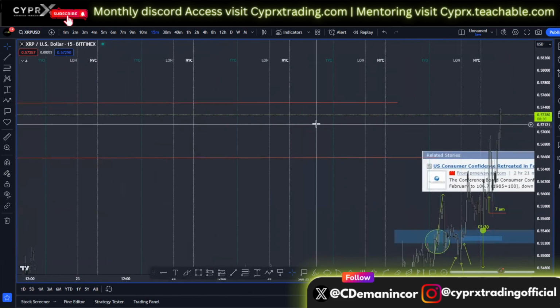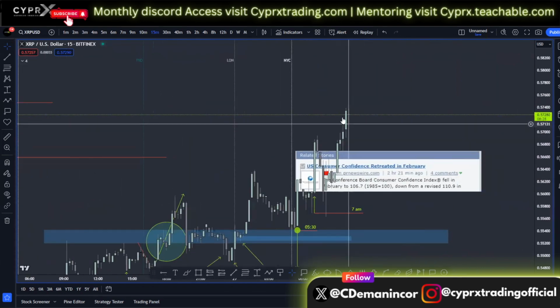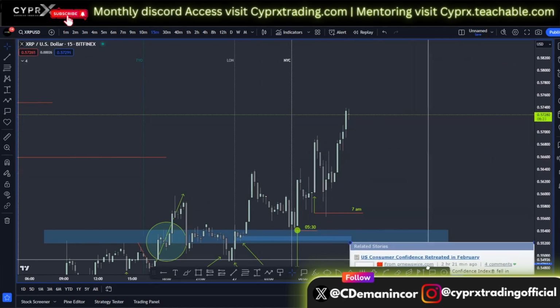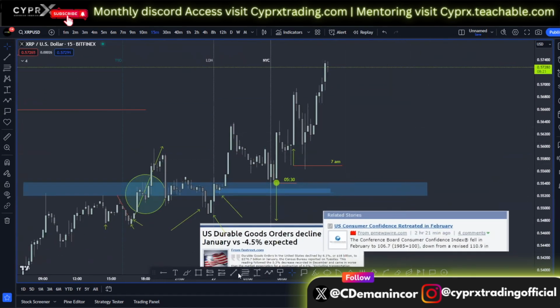It would be nice to see maybe potentially a slight pullback as we start heading into the ending of the New York session. Either one of two things is going to take place. We're going to see a further retracement down into these lows to revisit before the next trading session rolls over.